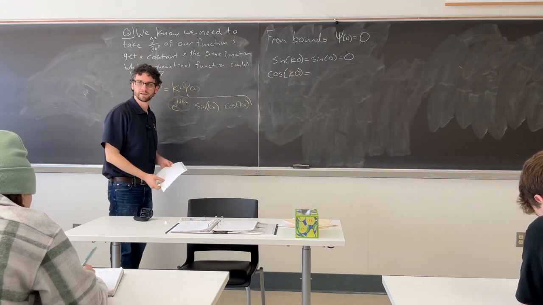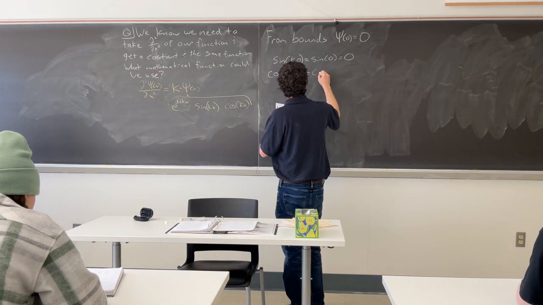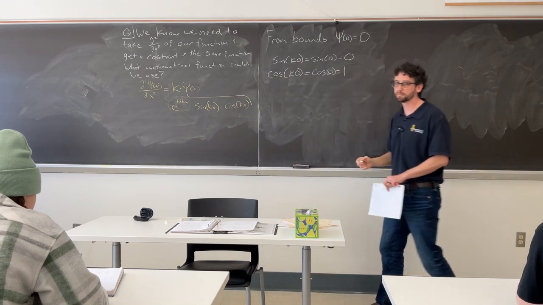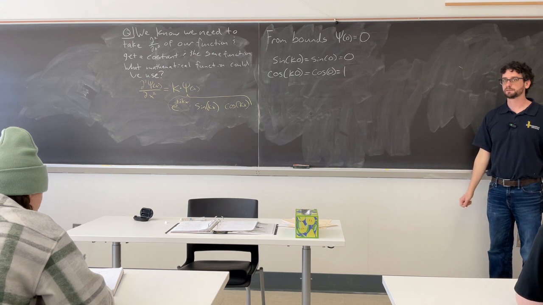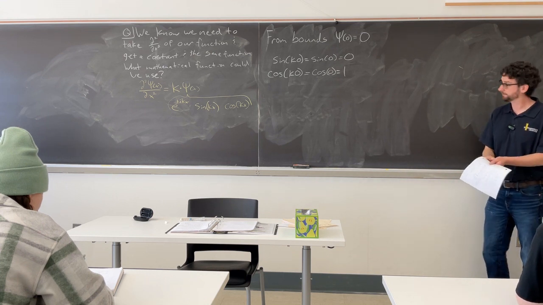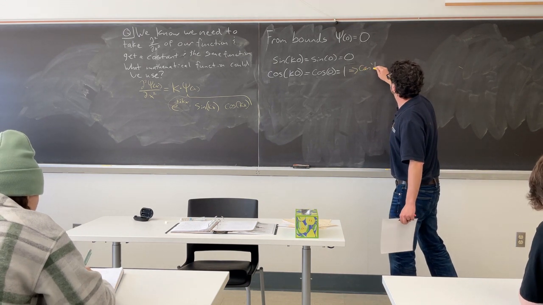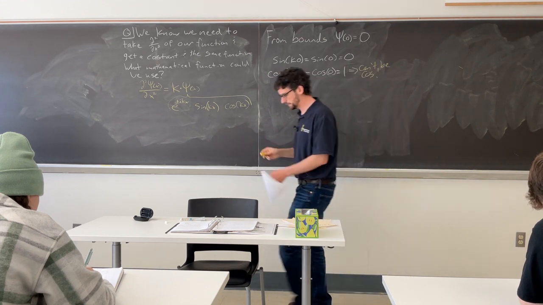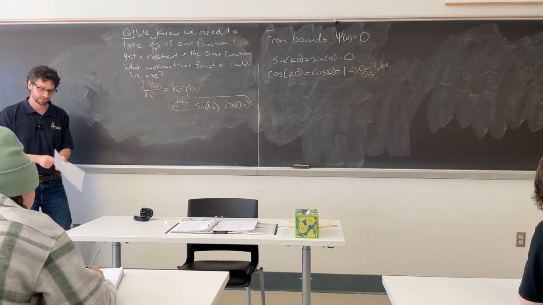What's that going to work out to be? What does that tell us? It's not cosine. Can't be cosine. So this guy's gone. And we're left over with these two.